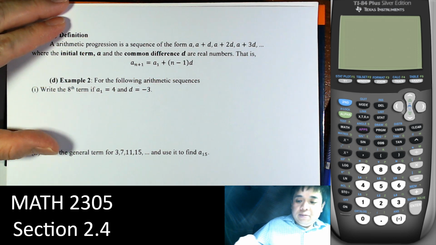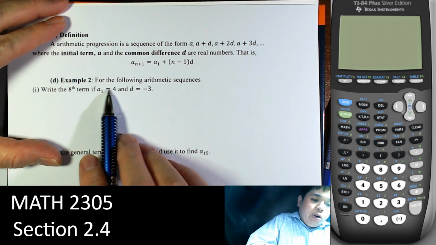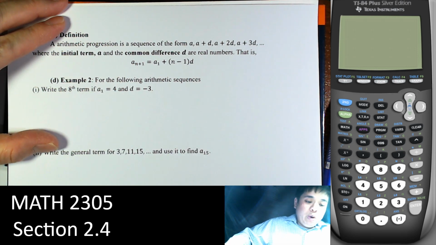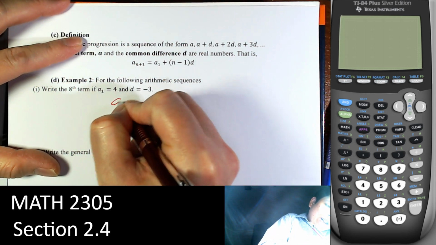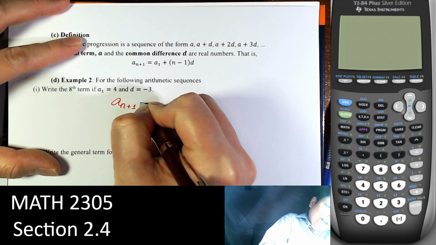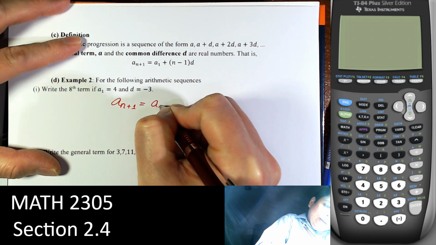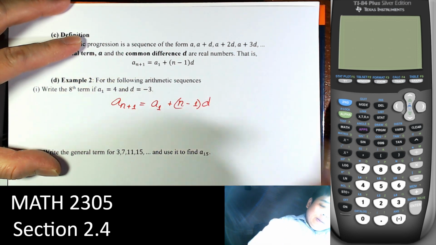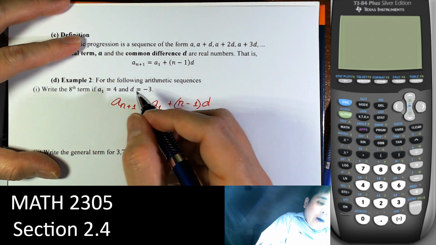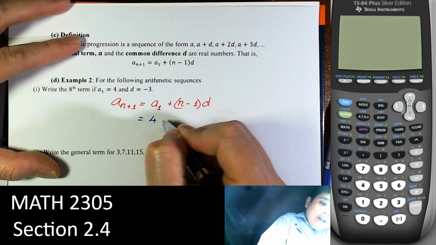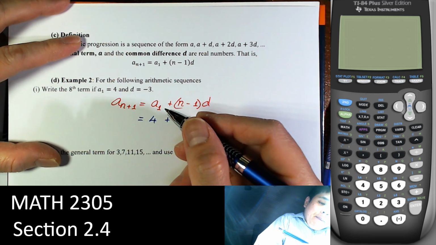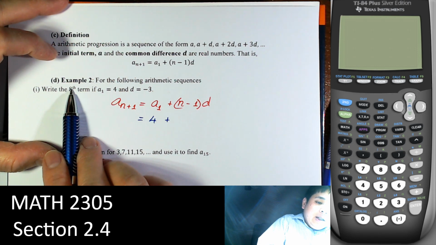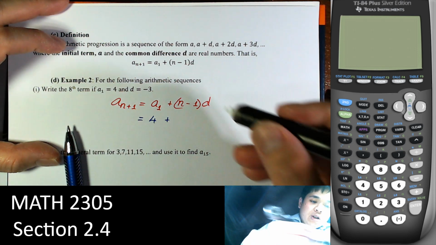Right, now for the following arithmetic sequence, write the nth term. Well, we have the formula, just start with that. We know the first term is 4, and we want A18. So that formula was terribly wrong.